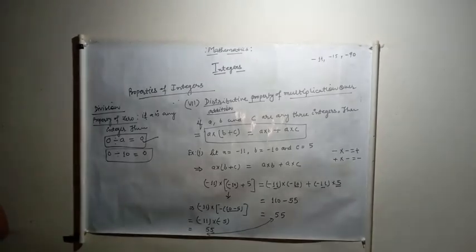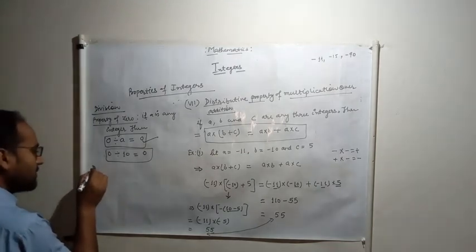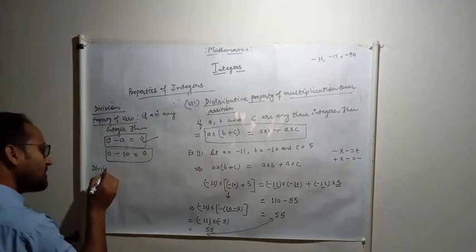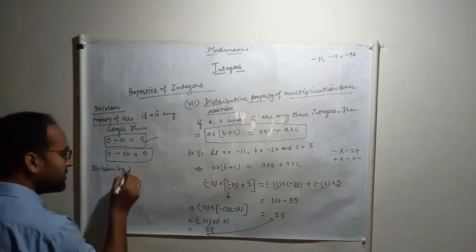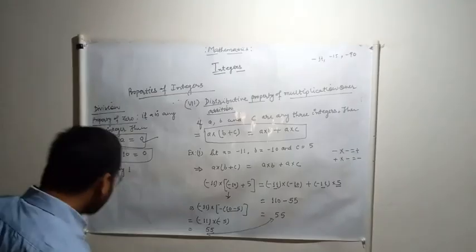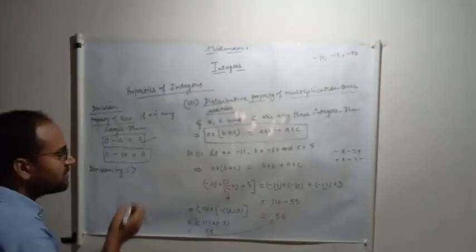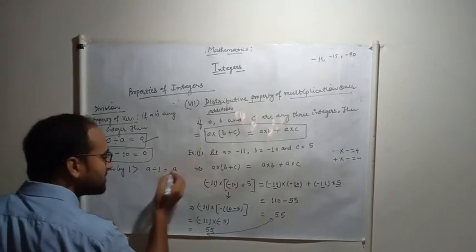And next one is division by 1. Division by 1 is a special property. If any integer is divided by 1, let a be any integer, and if it is divided by 1, your result should be the same integer.